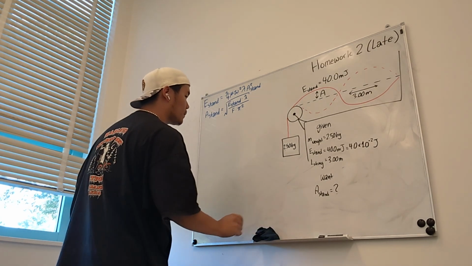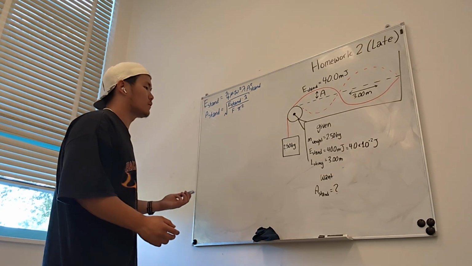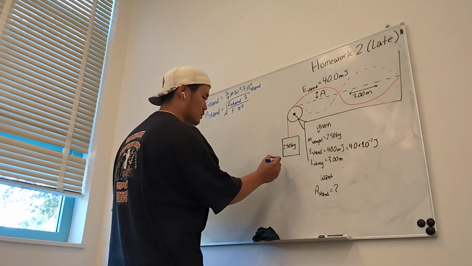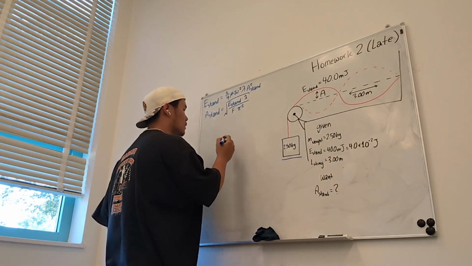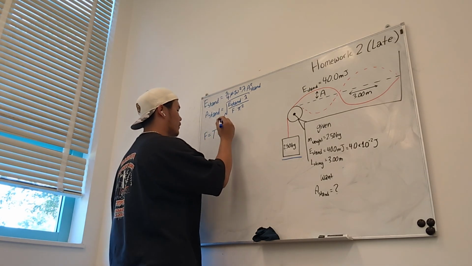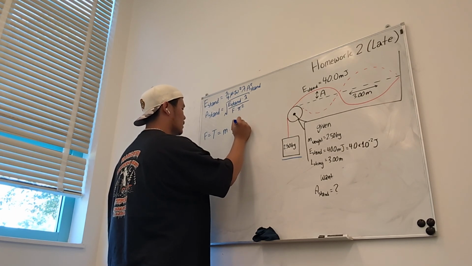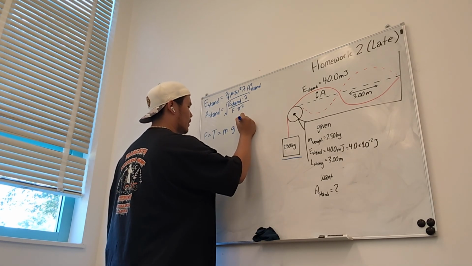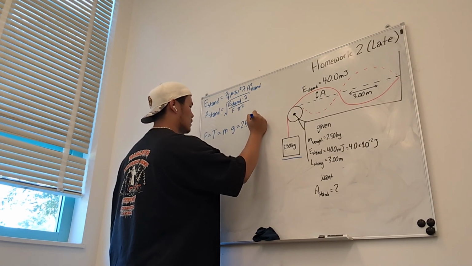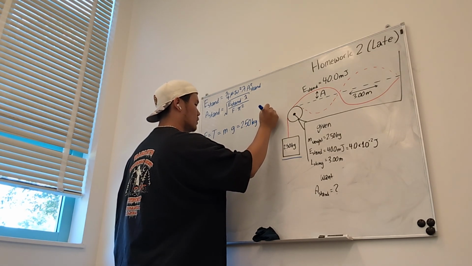So, what exactly are we talking about with force here? Well, force is just the tension here. So force equals tension, and the tension is derived from mass times gravity, or in this case, gravity is our acceleration. So if our mass is 2.5 kilos, gravity is just 9.8 newtons.